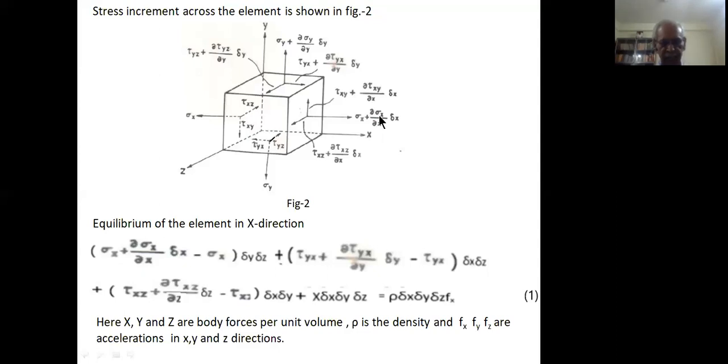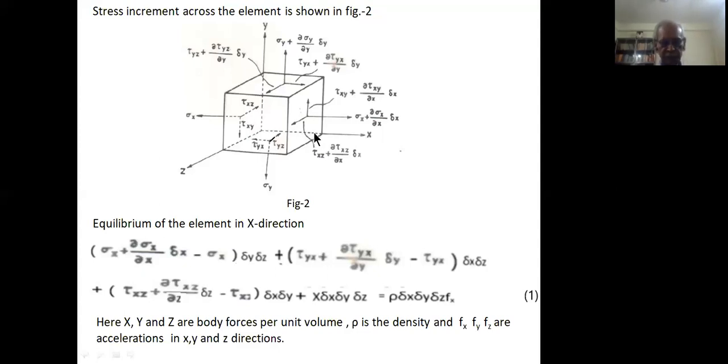Sigma x plus del sigma x by del x into delta x, minus sigma x, which must be subtracted because it is acting in the opposite direction. And it is acting on an area of delta y into delta z. This cube, remember, is of size delta x, delta y, and delta z. So the area on which this stress is acting is delta y into delta z.